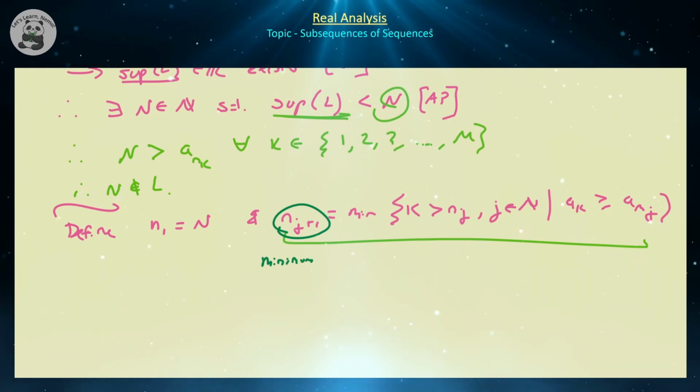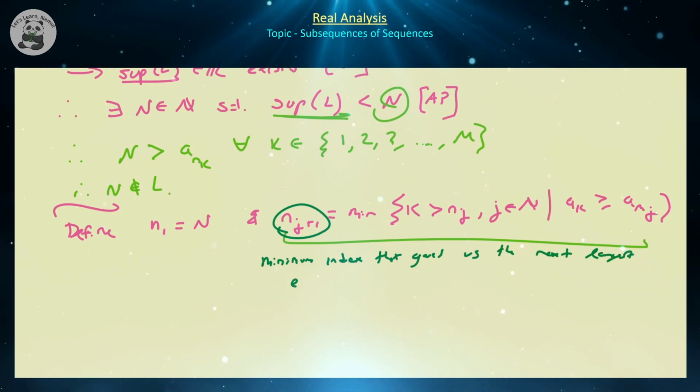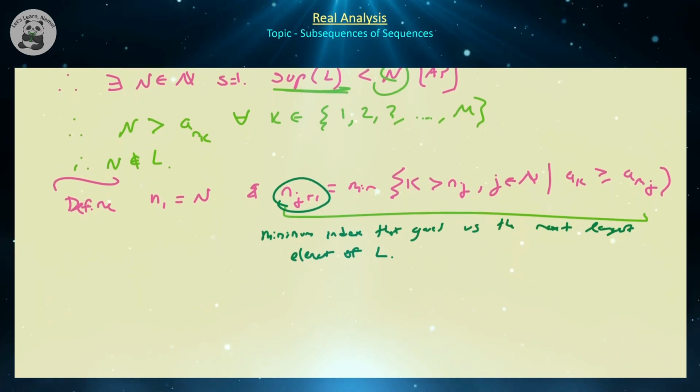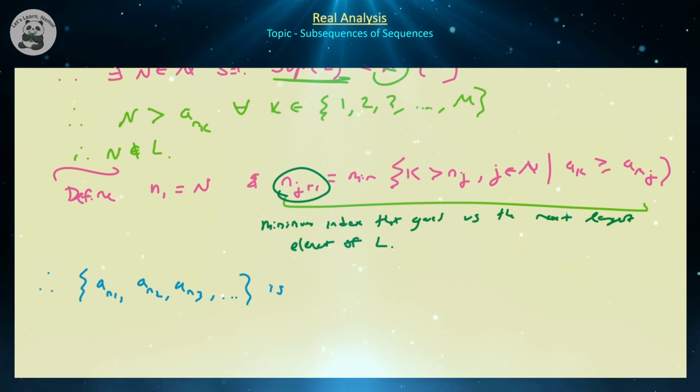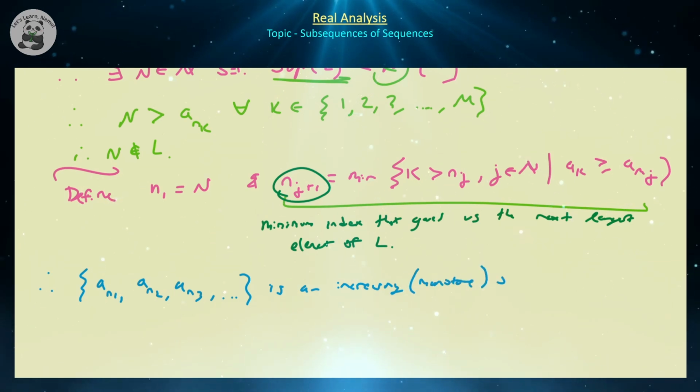So it's the minimum index that gives us the next largest element of L. So if that is the case, then this sequence a_{n_1}, a_{n_2}, a_{n_3}, these indices n_1, n_2, n_3, give us values such that those points, and keep in mind these are coming from the set of leader points, form an increasing, also finite, monotone subsequence of a_n.